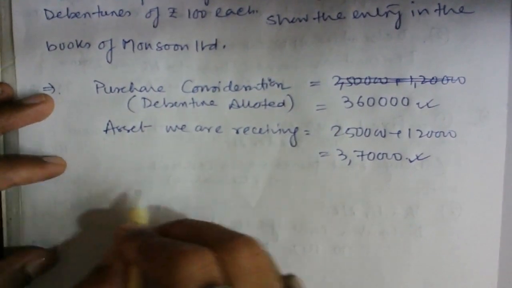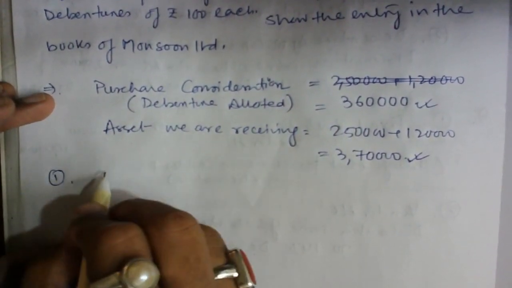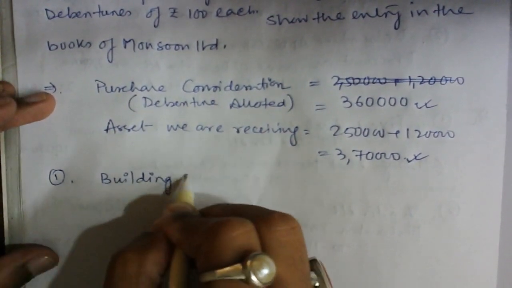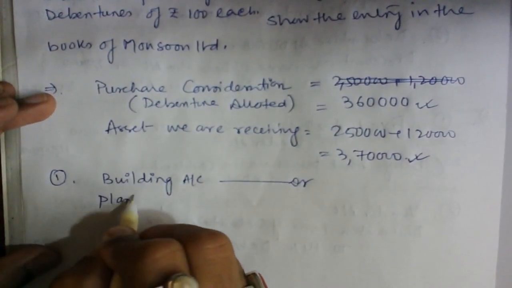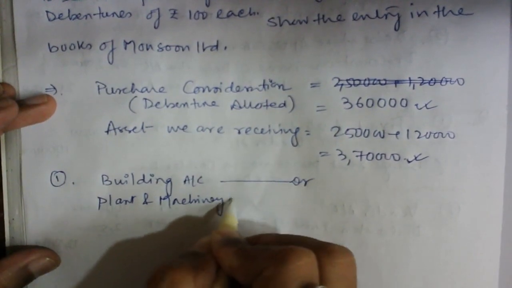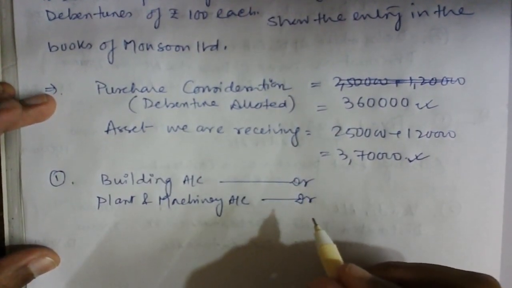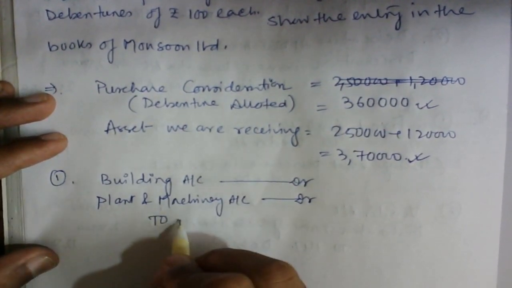So can I write here? Journal entry, एक number. Asset account debit to vendor, can I write? Building account debit, plant and machinery account debit to vendor. Vendor is whom?